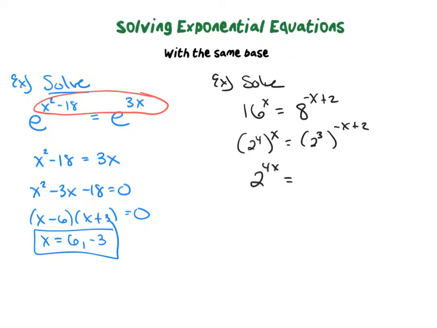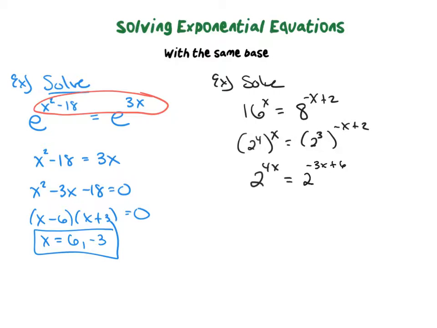So here I want to multiply the 3 by the negative x plus 2. So I have 2 to the 3rd, to the negative x plus 2. So I'm going to multiply that 3 through the negative x plus 2, and I have negative 3x plus 6. So I have 2 to the 4x equals 2 to the negative 3x plus 6.